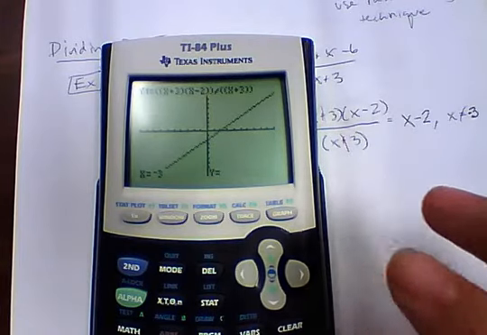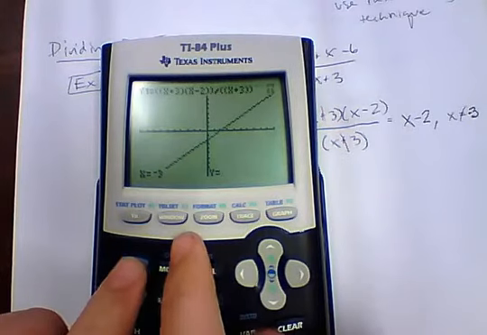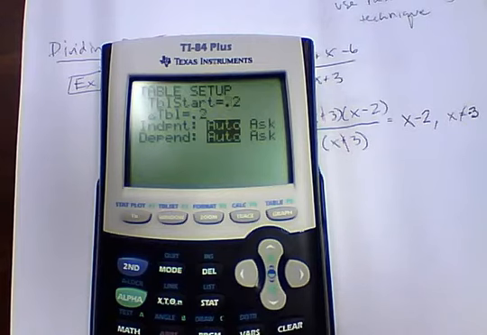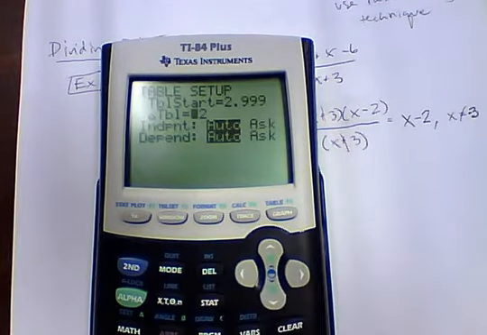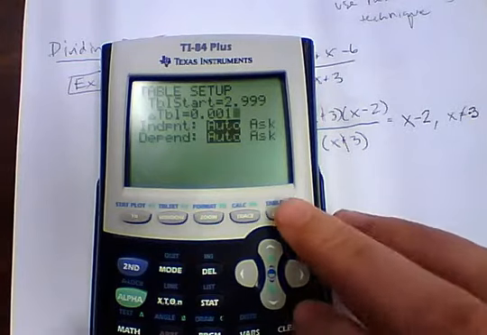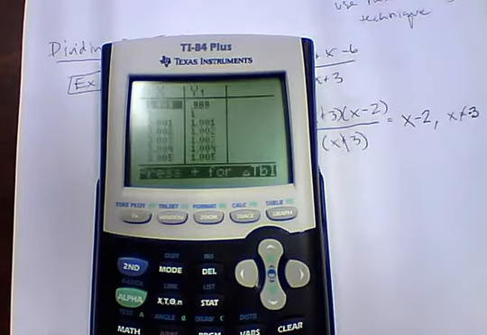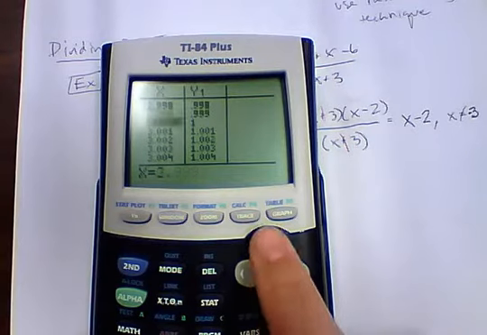We could also do that in our table, so we could just get really close to negative 3. So if we press second window and we go to table set, it might be a good idea to start really close to negative 3, so let's do 2.999, and then the change in our table we could make 0.001. And if we press second and then graph, oh, I started in the wrong place.